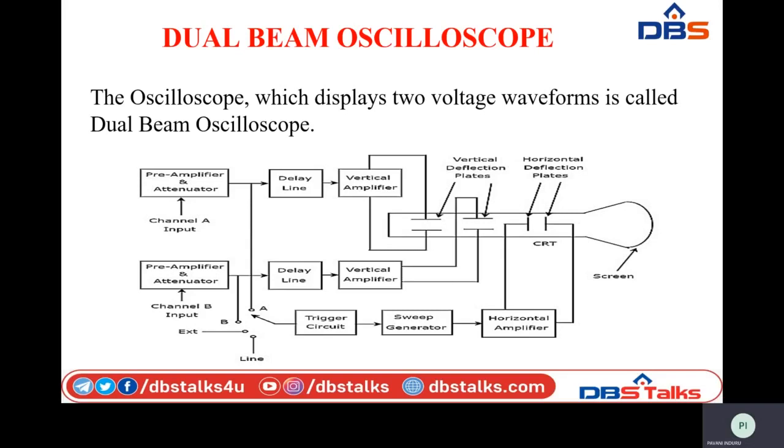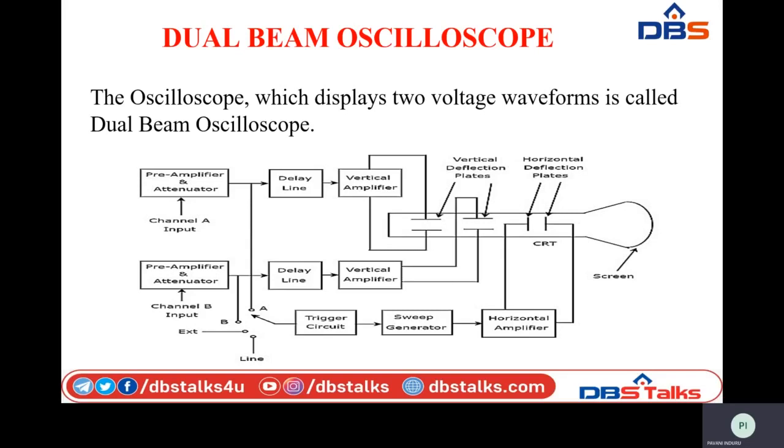This horizontal amplifier connects to the horizontal plates, where the electron position can be moved either towards the left side or the right side. Once the position has been adjusted, the beam is allowed to strike the phosphor screen, where it produces the voltage waveforms simultaneously at the same time.